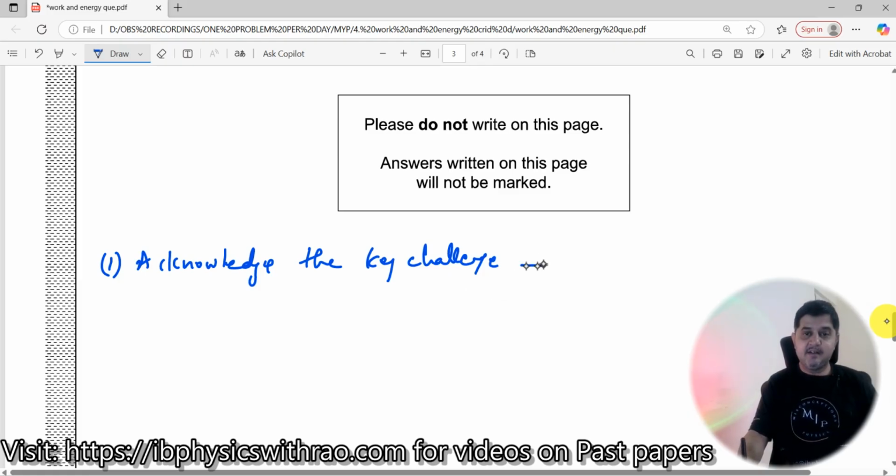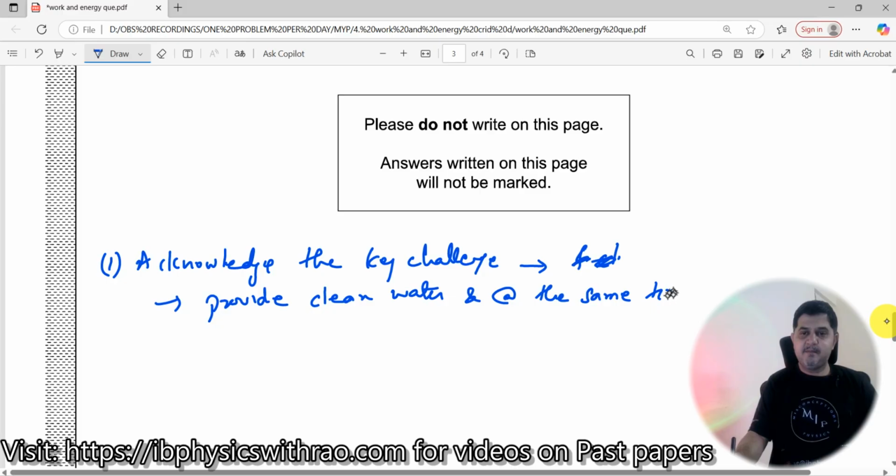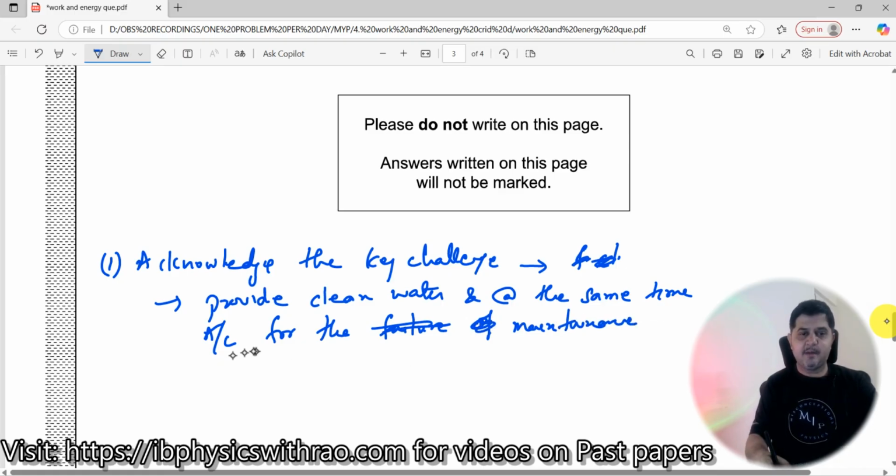The key challenge is that you have to provide clean water and at the same time account for the failure or maintenance issue. Account for the maintenance problem. That is the first thing that you can say.